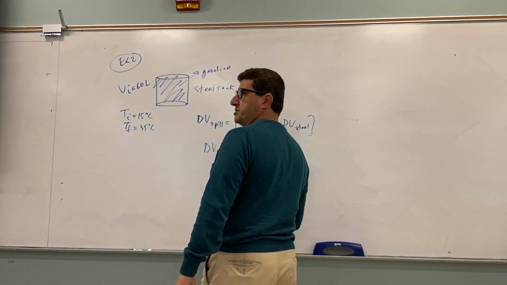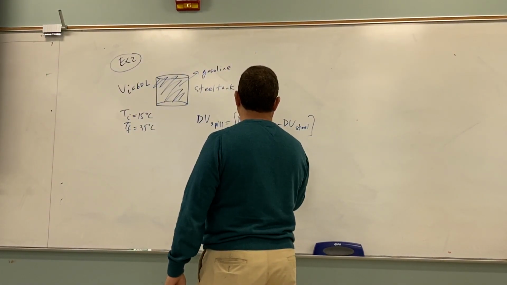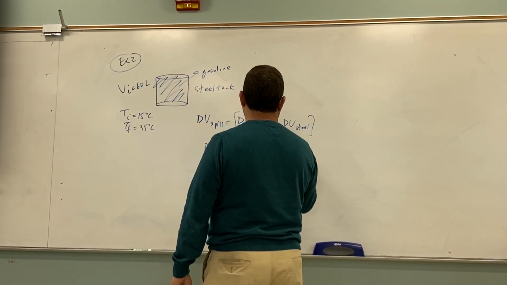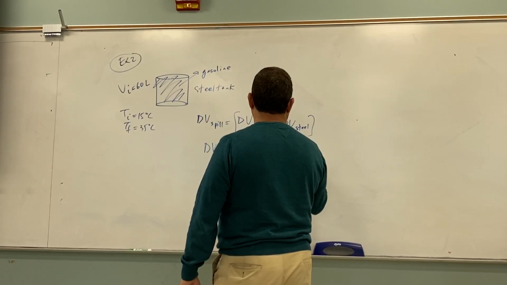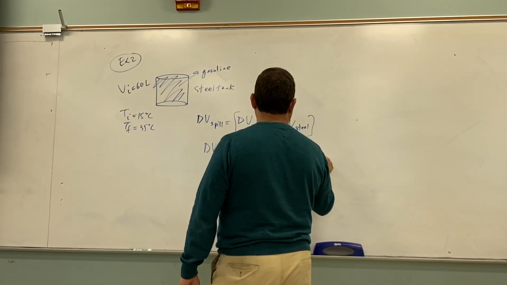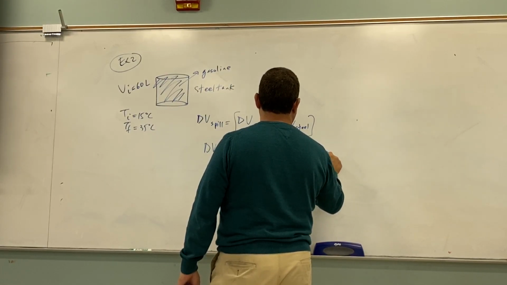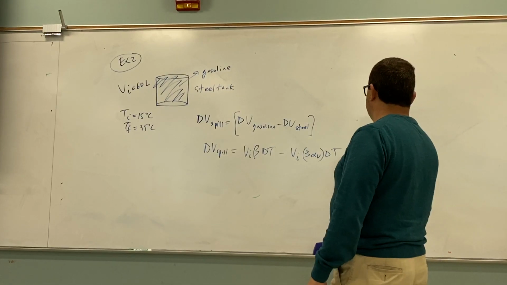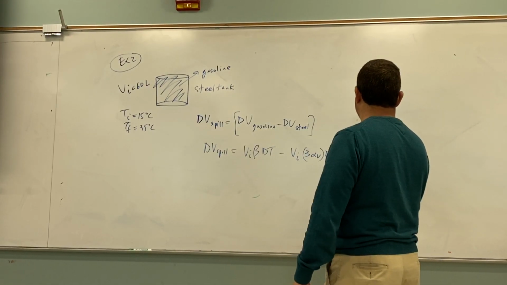Delta V of the gasoline is going to be beta times V initial delta T, minus V initial times 3 alpha times delta T. I'm going to write it that way so that it's a little clearer. And then I'm just going to factor out V initial delta T.